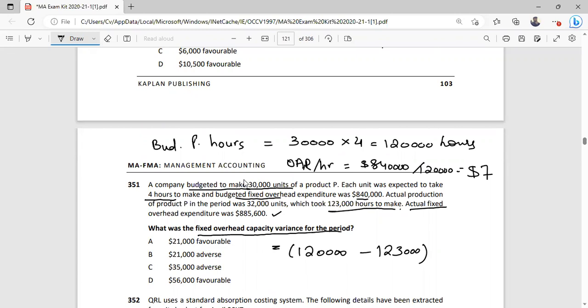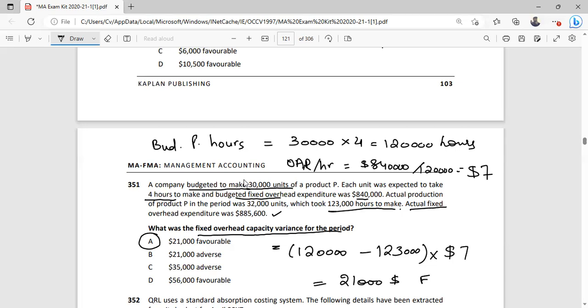Allowed time was 123,000 hours, but you completed within 120,000, so you saved the time. When you save the time, you save the cost. That's why it is $21,000 favorable.